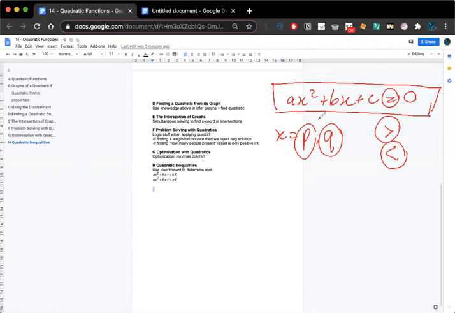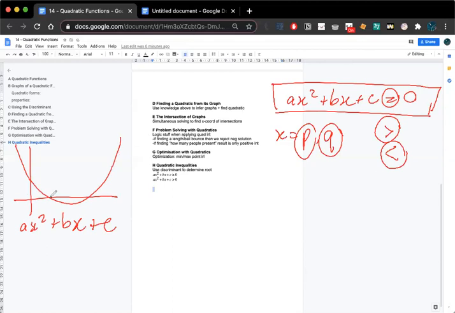To easily understand this, let's think about it in a more visual way. Let's say we have the graph of ax squared plus bx plus c. The graph would look something like this.